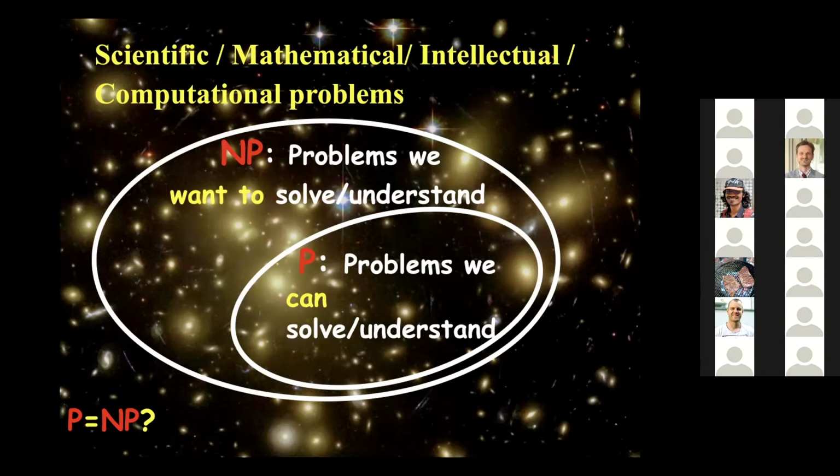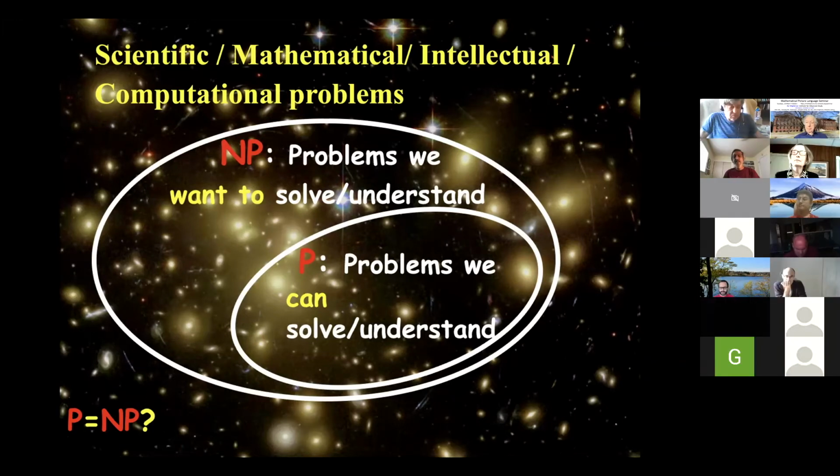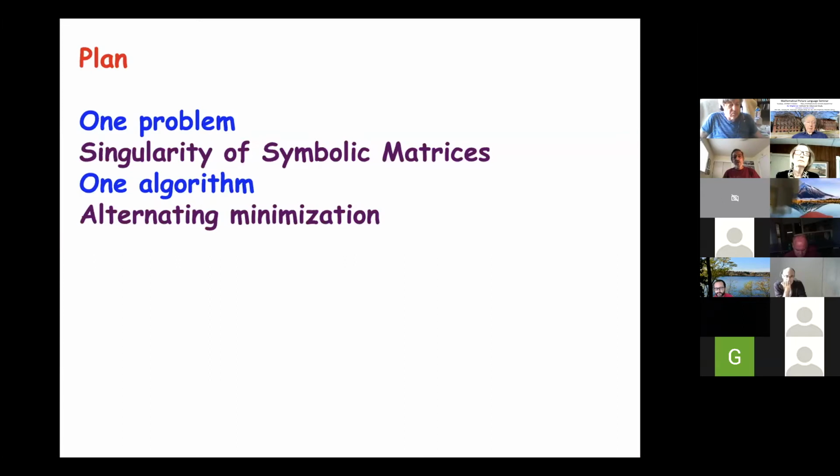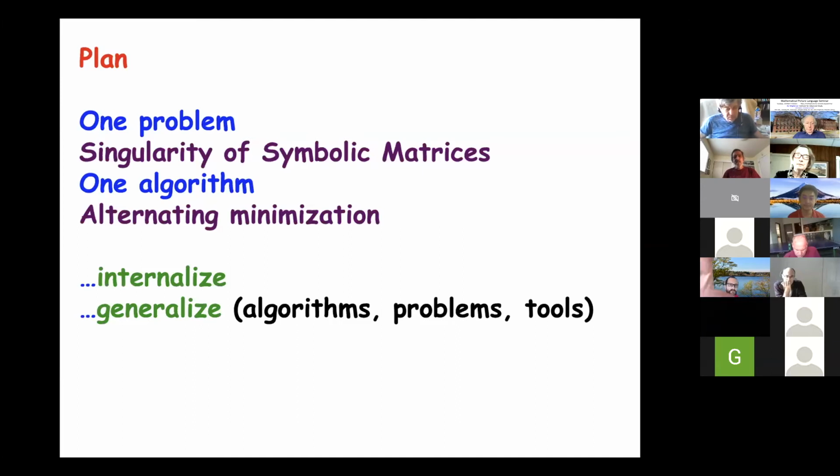So I'll mention it later, but you can keep this in the back of your mind and also independent of the lecture. So back to the lecture, I'm going to talk about starting with one problem and one algorithm: singularity of symbolic matrices, and the algorithm is alternate minimization. This will take maybe half the lecture. And then we'll start internalizing what we've done and generalize it, and then repeat this process.